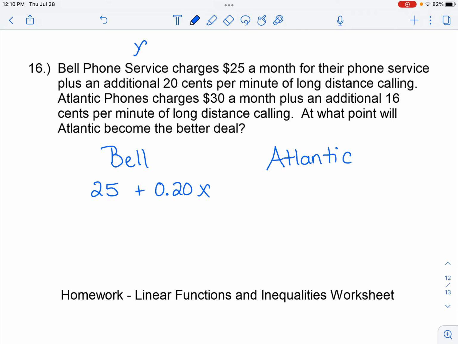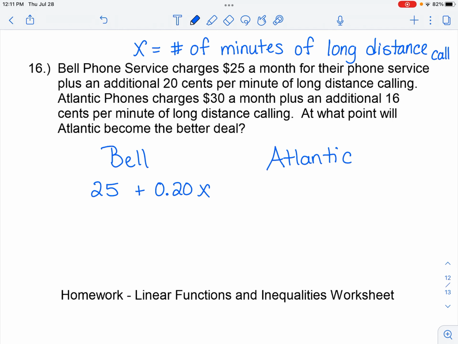So I should define x. X is the number of minutes for long-distance calls, okay?